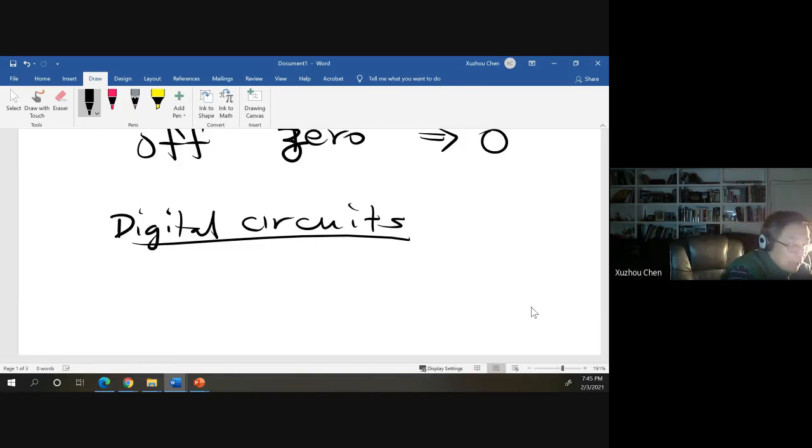Sometimes it's a very small piece of silicon which contains millions or billions of electronic switches inside. They integrate all these electronic switches inside a very small piece of silicon component, and these components have some inputs and also some outputs.